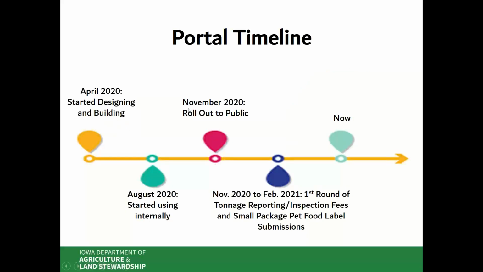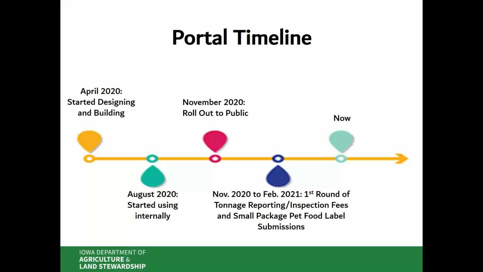All right, on to the portal. So I started in the middle of this process, but they did start the design and build in April of 2020. And then in August, we started using it internally, trying to work out some of the kinks and any of the issues. And then in November, we rolled it out to the public.